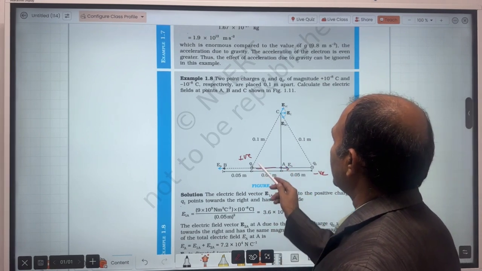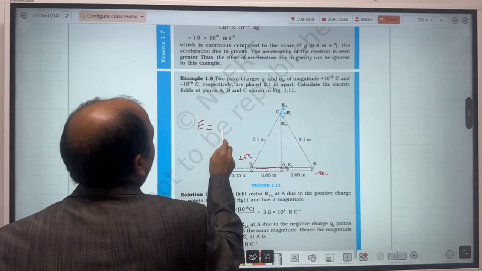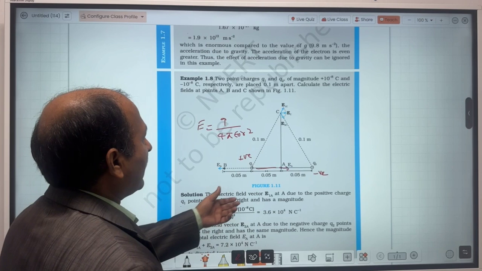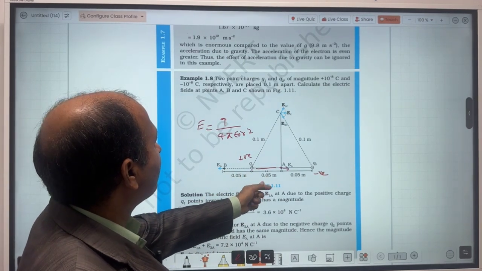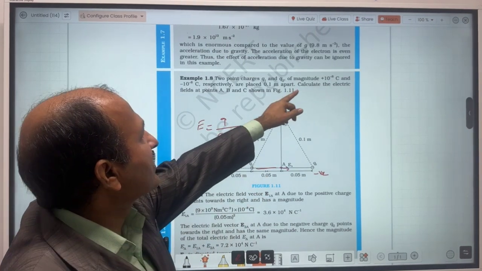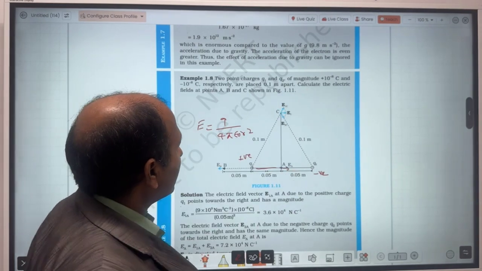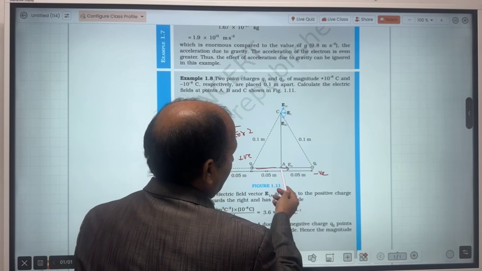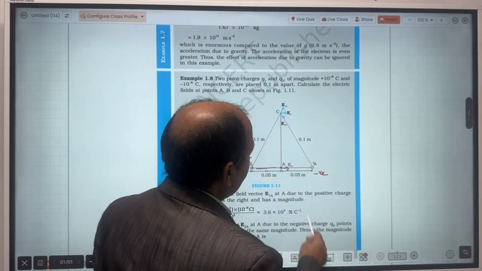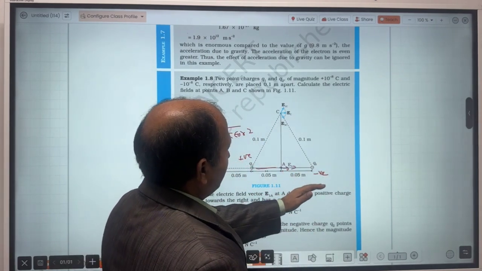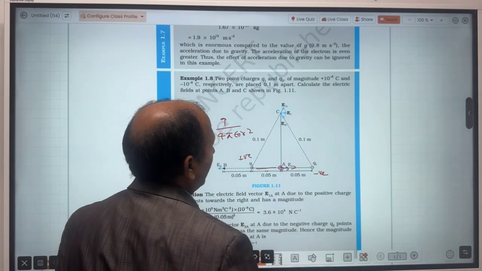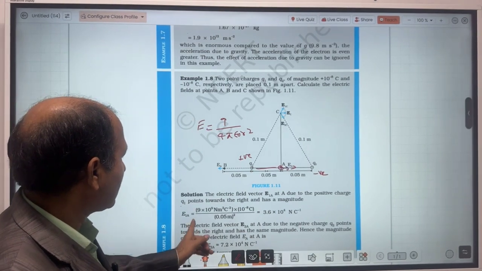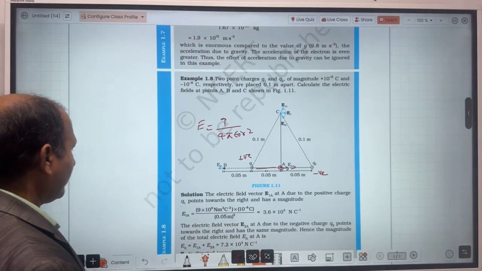You can calculate by using the formula E equal to Q upon 4 pi epsilon naught R square. The value is given, R is 0.05 and the charge Q is given as 10 power minus 8. Now, due to this charge, which is negative, and you want to find out the electric field here, its direction will be the same and the value will also be the same. So the total field at this point will be double the field due to any one charge. So this can be easily done.